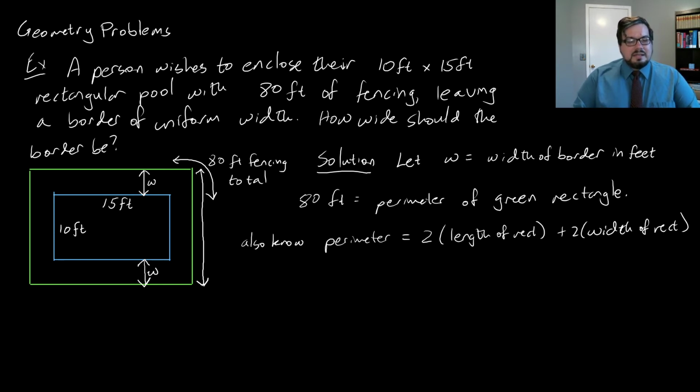And we can see what that total length is, because it's made up of the 10 feet of the pool plus 2 copies of the border, 2 copies of W. So this width is actually 10 plus 2W. The length of it in feet is 10 plus 2W.